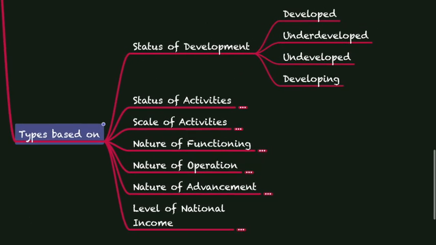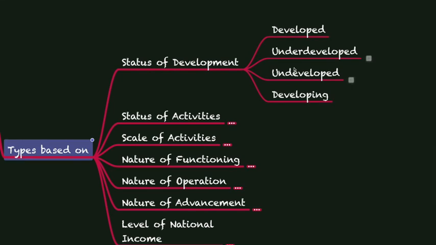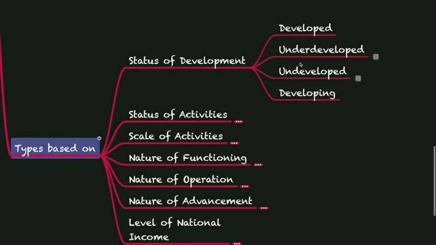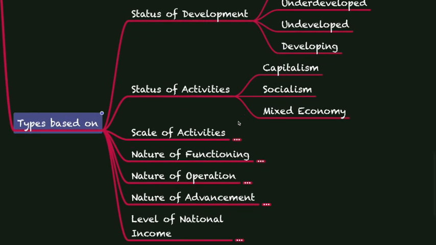First, when you are considering status of development, countries can be considered developed, underdeveloped, undeveloped, and developing. Based on their activities, they can be differentiated into 3 major types, that is capitalism, socialism, and mixed economy, which we'll be seeing in the next topic.